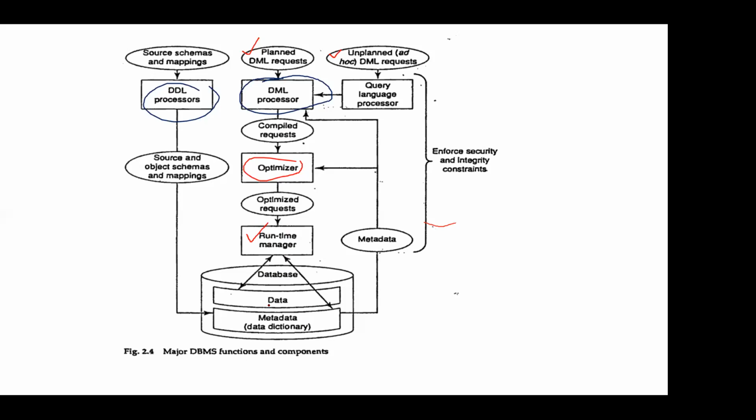Now come to the next point, data security and integrity. So many times we discuss data security. We are using some security constraints and integrity constraints to protect data from unauthorized access. If anybody violates the security constraints, the request will not be accepted.